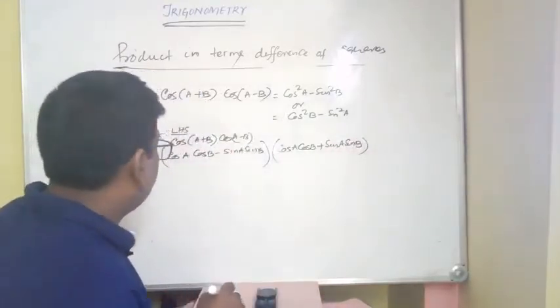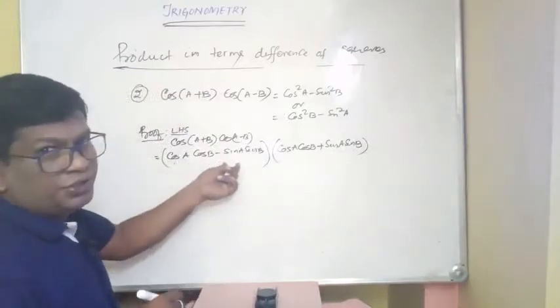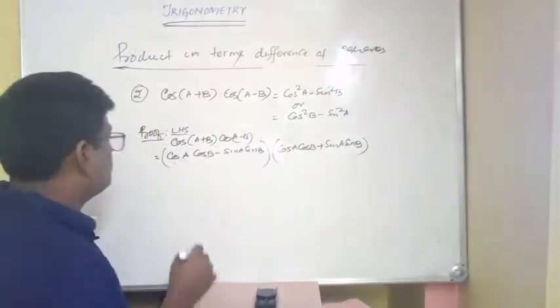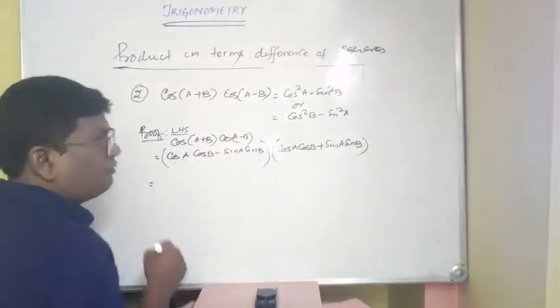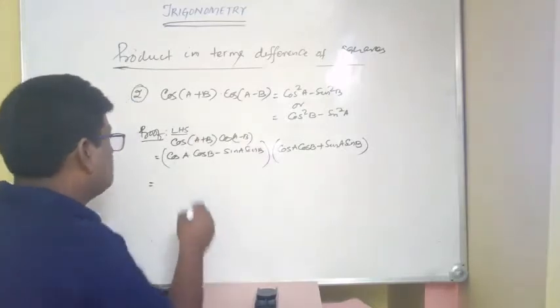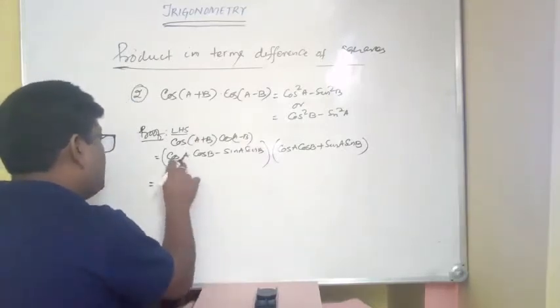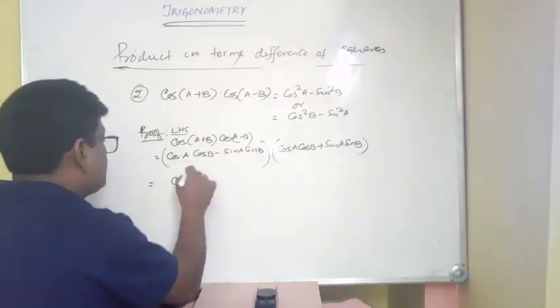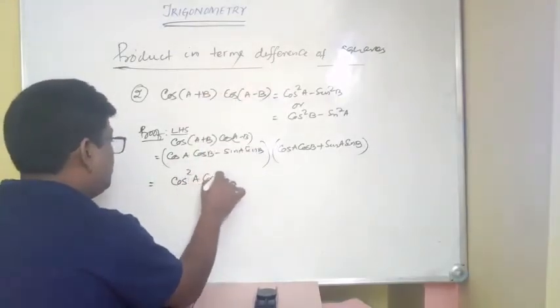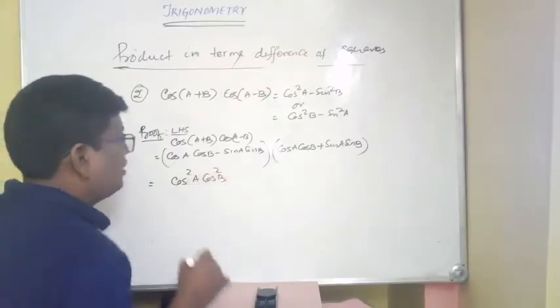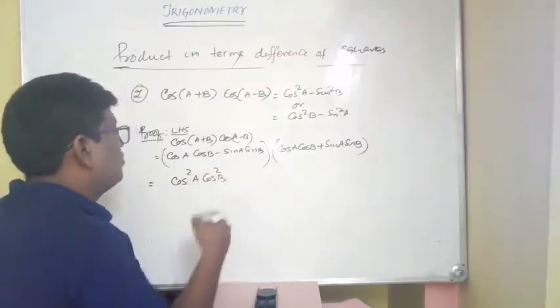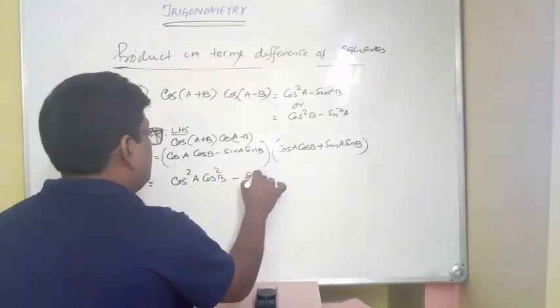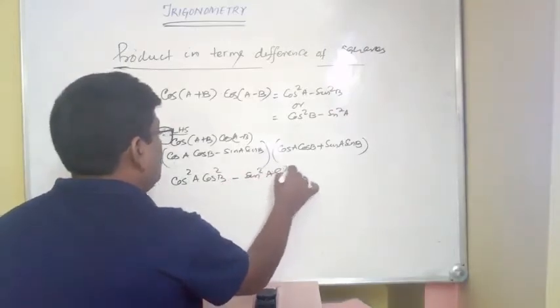Here it is (A−B)(A+B), so apply the formula A square minus B square: cos A cos B whole square, this is cos square A cos square B, and sin A sin B whole square, this is sin square A sin square B.